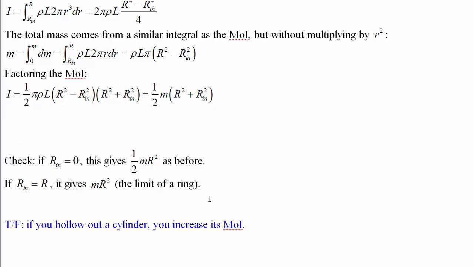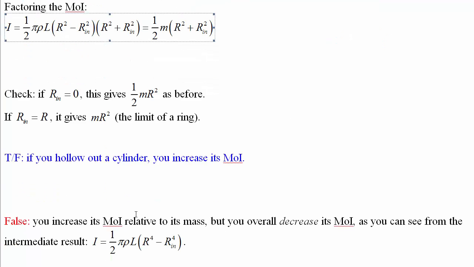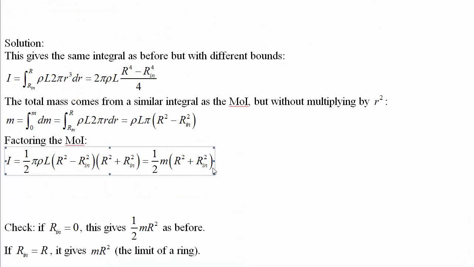Okay, so concept question, think about this for a bit. If you hollow out a cylinder, then you increase its moment of inertia. Well, that's false, actually. You increase its moment of inertia relative to its mass. So if you look at this, it looks like if you make the r in bigger, then you increase the moment of inertia.